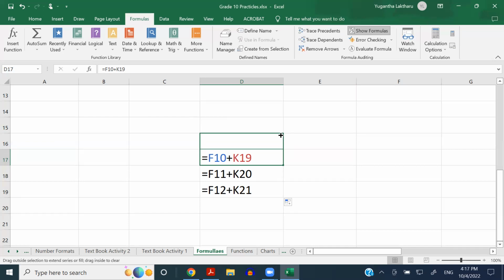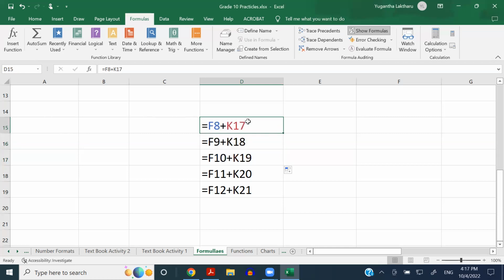F will be F, K will be K. The number will decrease by 1. 10 will become 9, so F10 will become F9. K19 will become K18. If I copy 2 cells up, it's F8 plus K17.